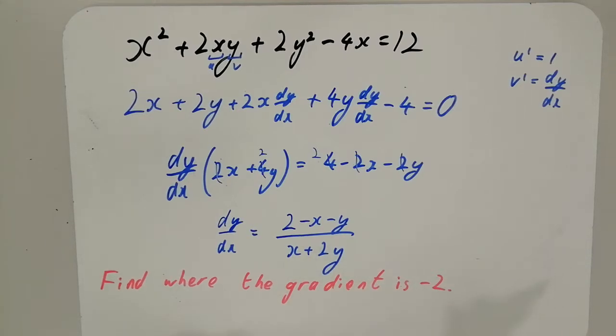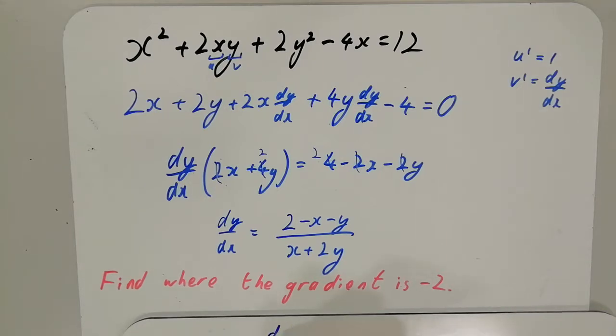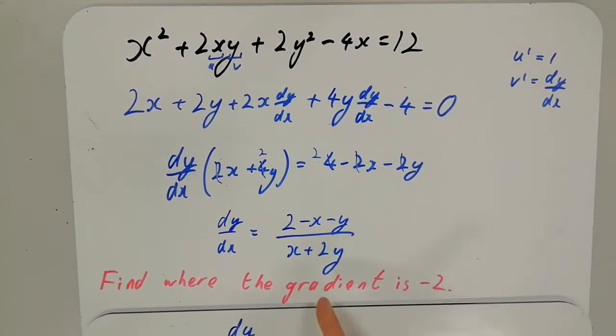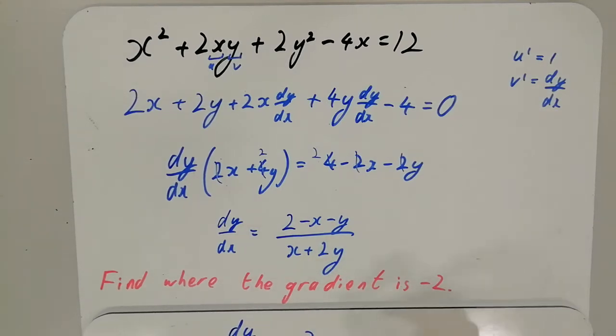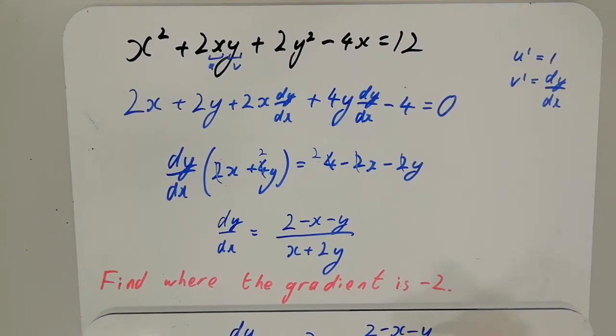When we want to find where a function has a certain gradient, we can put it into the derivative. So I'm going to say that my gradient, given by dy/dx, is minus 2, and also that the derivative is equal to (2 minus x minus y).